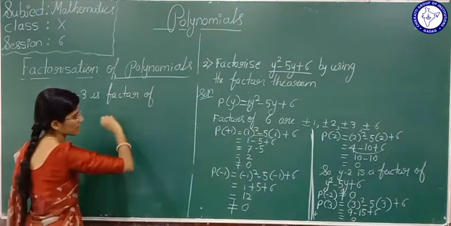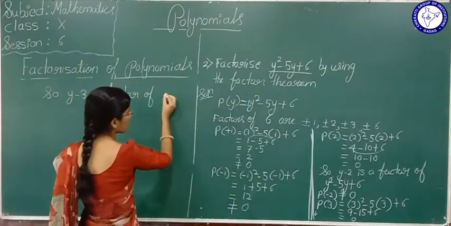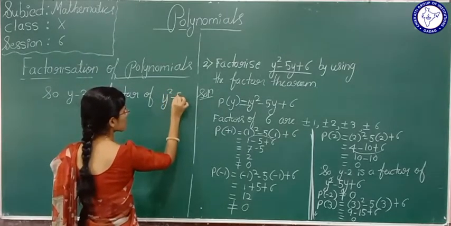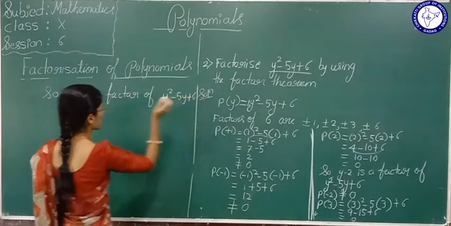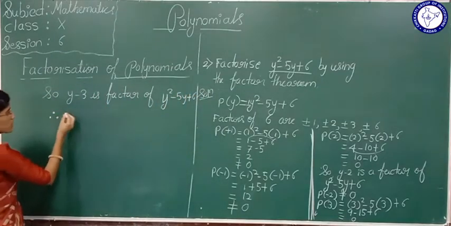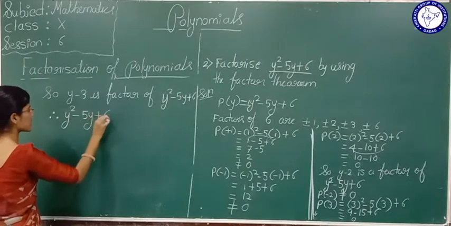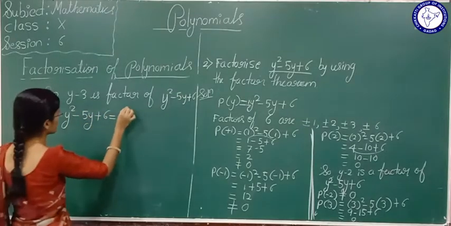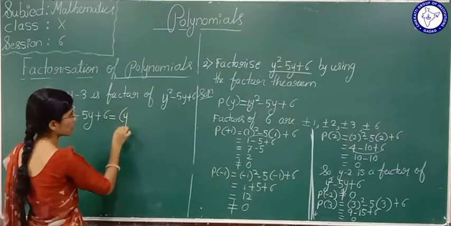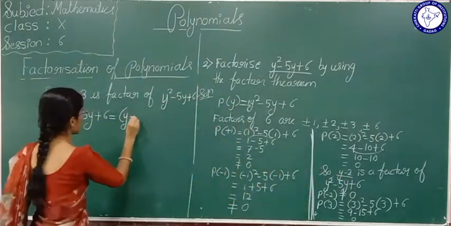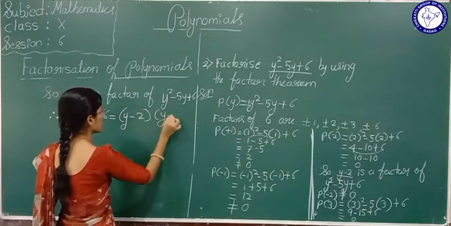It is a factor of y square minus 5y plus 6. So therefore y square minus 5y plus 6 is equal to what? y minus 2, y minus 3.